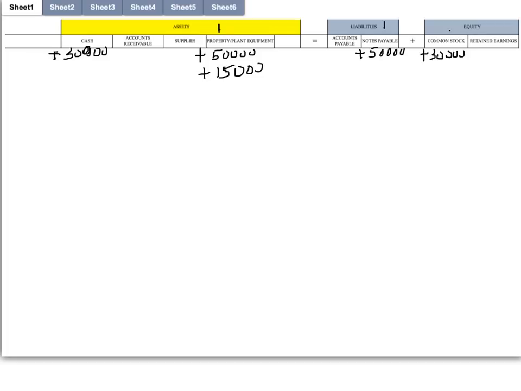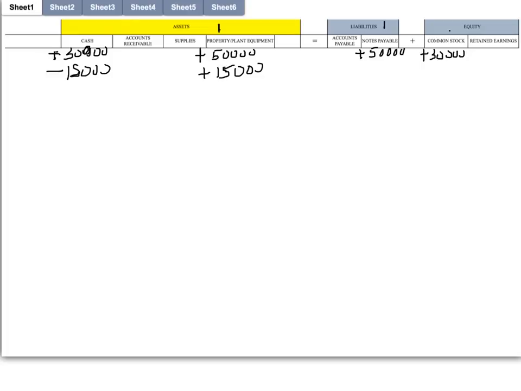In this case, we're exchanging the asset cash for equipment. So nothing changes on this side of the equation. The equation is still 80 on each side. Okay?